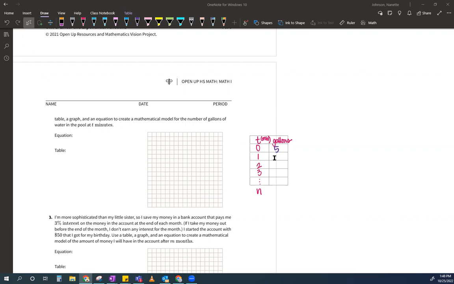Yeah, and I'm going to write it as 5 plus 2, right? You guys all know why, right? And then how many were there at 2 minutes? Exactly, 5 plus 2 plus 2, right? And then how many were there at 3 minutes?